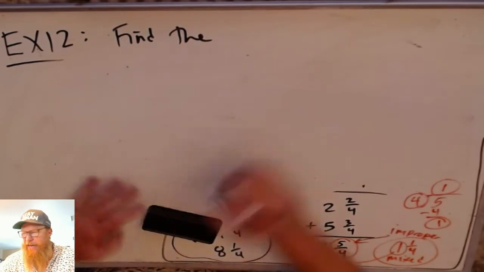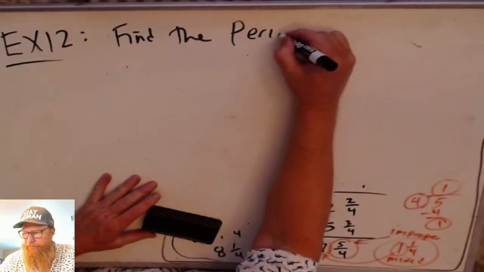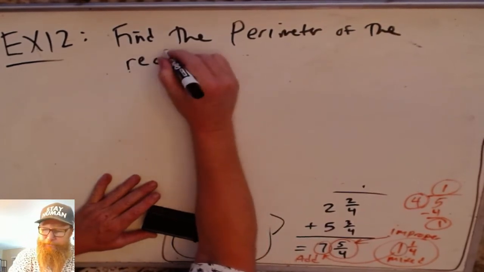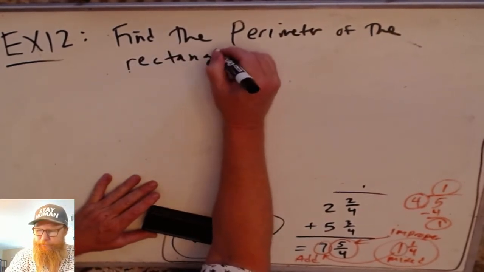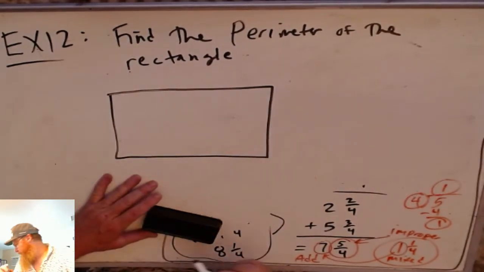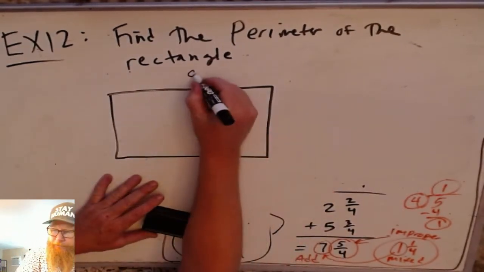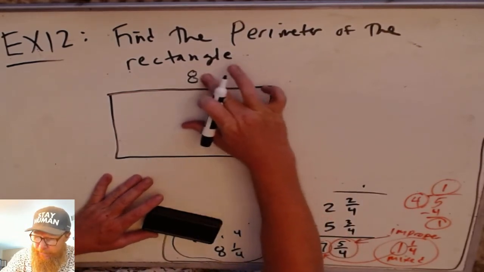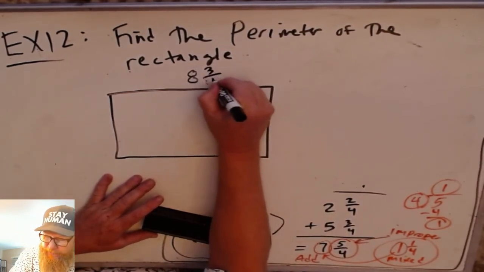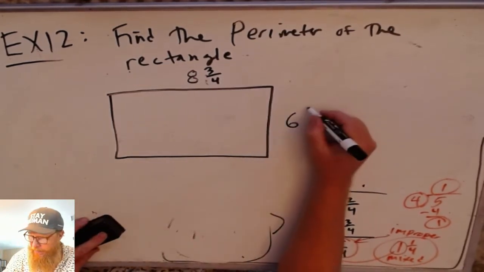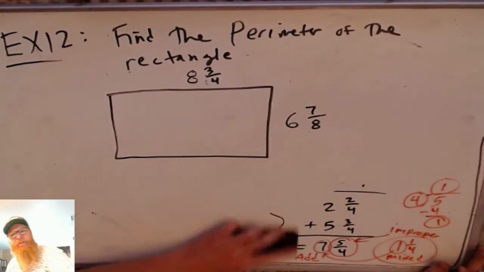But with a rectangle, they're not. Eight 3/4 and 6 7/8.